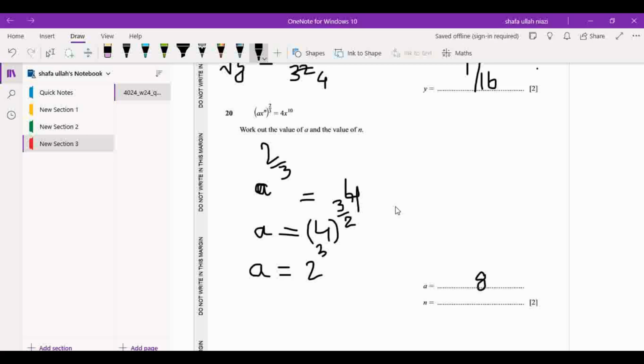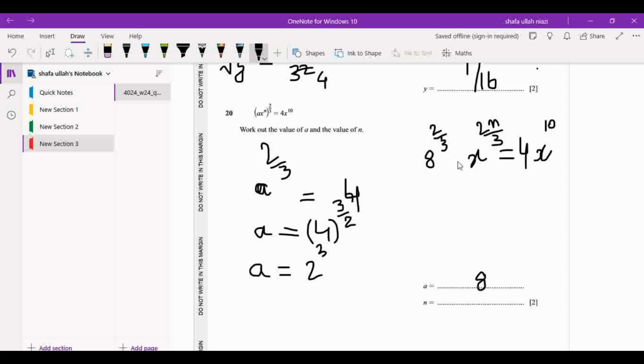So we have to find the value of n now. It means 8 into 8 power 2 over 3 and x power 2n over 3 is equal to 4 into x power 10.